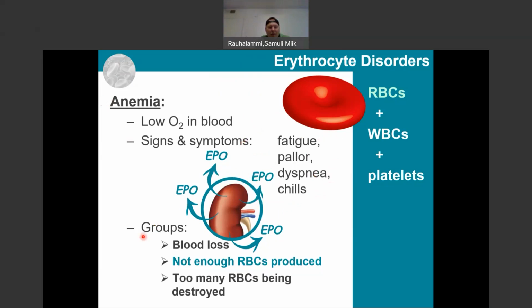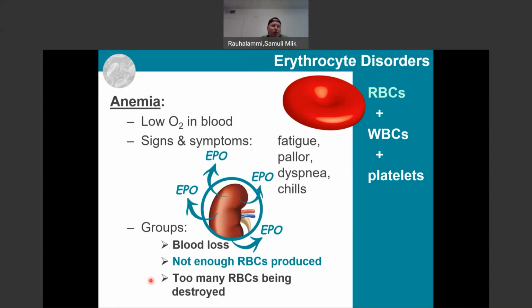And again, there might be many different reasons for that. We might be losing blood. Bleeding is easy to notice if it's external. If it's internal, that becomes a little harder, and that can go on without us noticing it immediately. So that's a big concern for us. One big problem would be if not enough red blood cells are being produced, and we just talked about the role of the EPO on that, or if too many red blood cells are being destroyed.